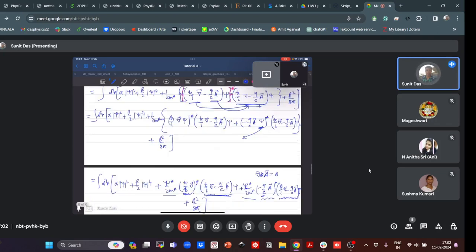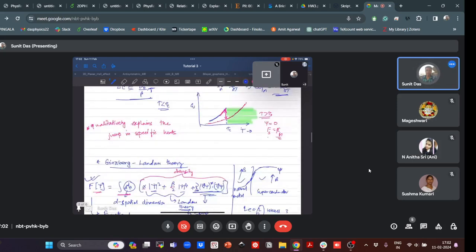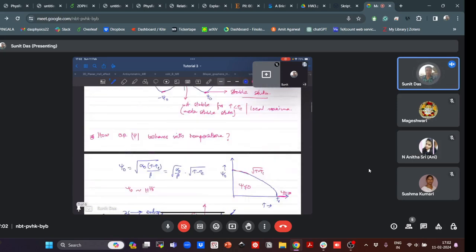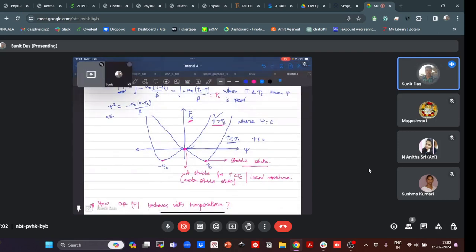The easier way to understand this is, let's say, we draw the free energy functional. Effectively we are considering psi equal to psi 0 plus delta psi. I'm talking in terms of psi, but in Ginzburg-Landau theory it is the A part, right? A0 plus delta A, which I am representing simply as A. So A0 is the equilibrium value, as psi 0 is.